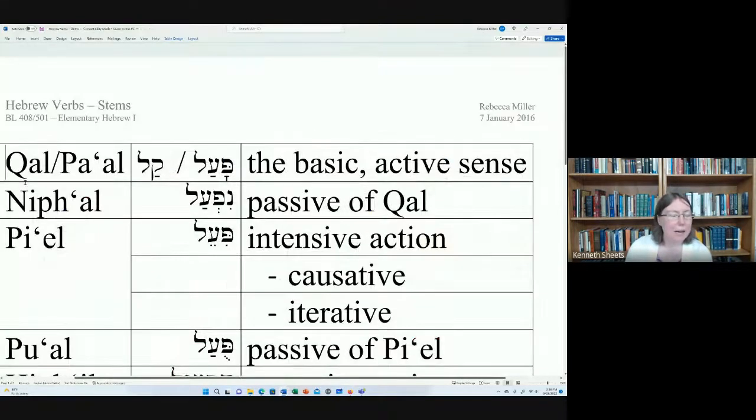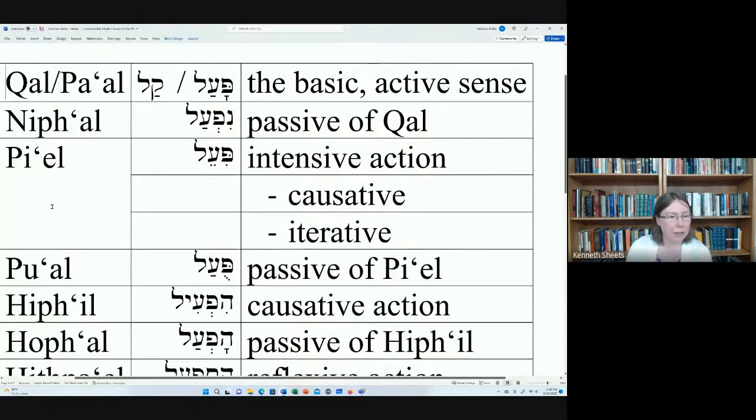So coming back here, we saw that there are certain diagnostics that tell us about the stem of the verb. So Qal is the basic stem. It is therefore the unmarked stem, so there's nothing added to the root here. With the Nifal, on the other hand, that is the passive of the Qal, a nun has been added to the triliteral root.